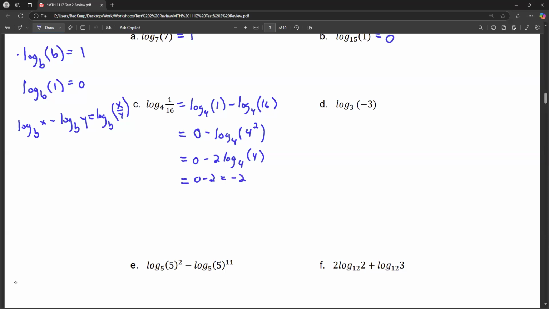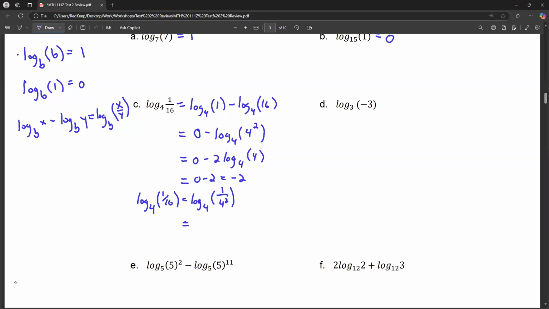I'll briefly go through another possible way. If you knew another way too, feel free to stop by and tell me. In this scenario, I'm going to write this with a negative exponent. I'll take one extra step: 16 in the bottom of the fraction is equal to 4 squared, so I'll have log base 4 of 1 over 4 squared.